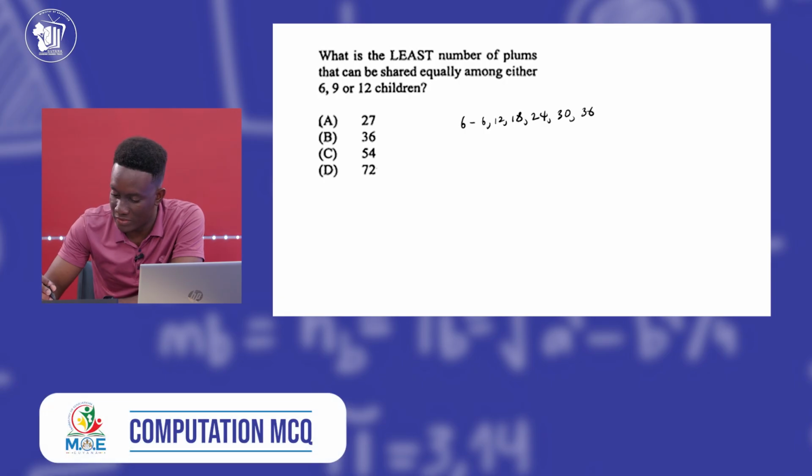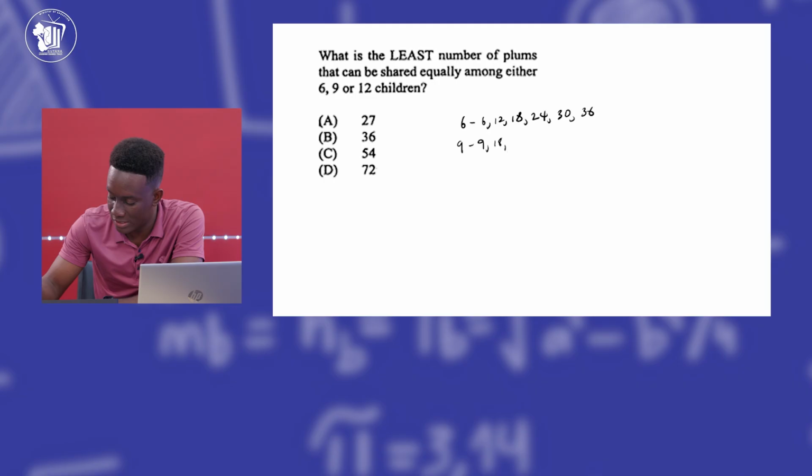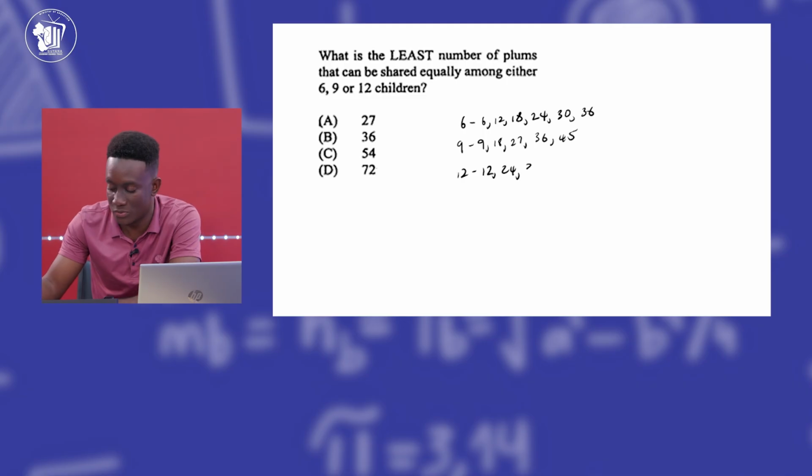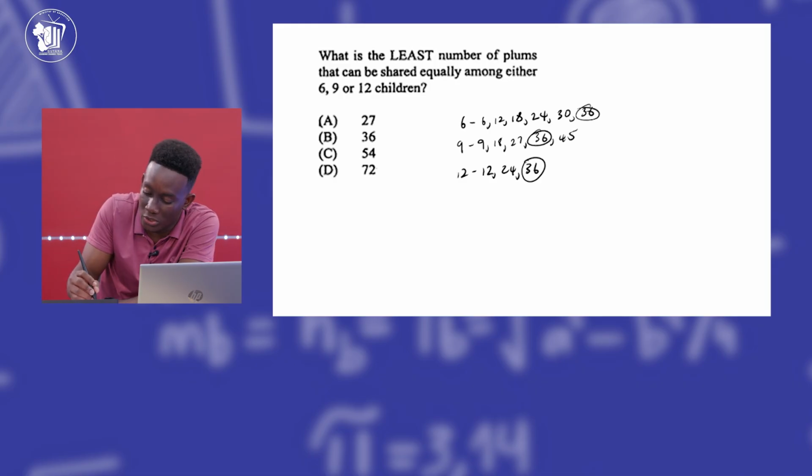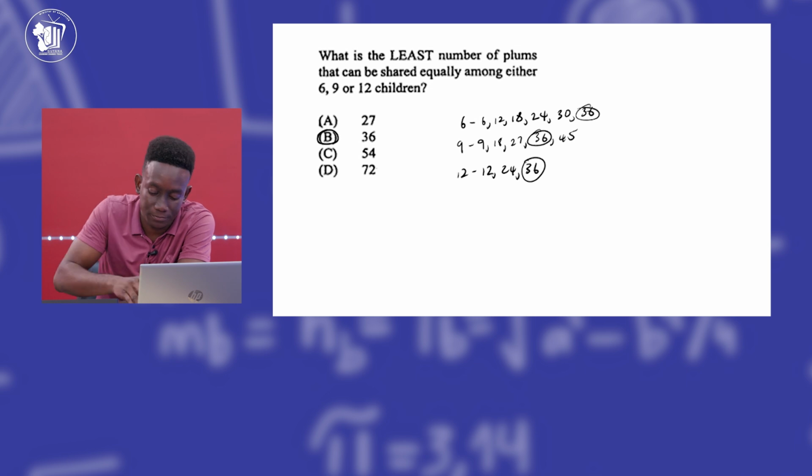The multiples of 9 would be 9, 18, 27, 36, 45. The multiples of 12 would be 12, 24, 36. We can stop there. We see 36 is in all of them, so 36 would be the lowest common multiple. So the least number of plums that can be shared among 6, 9, or 12 children would be 36.